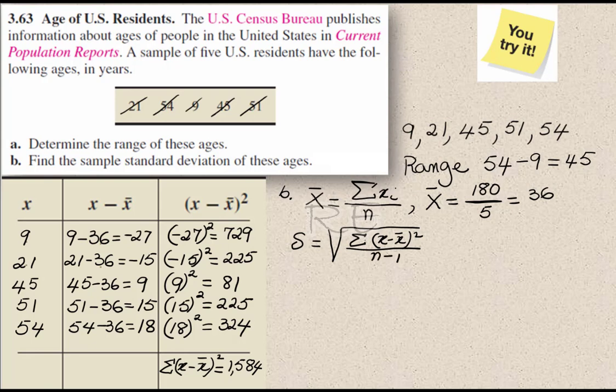That's the formula. So it's going to be the square root, and that sum is 1,584 divided by 5 minus 1, which is 4. And we get an approximation of 19.9.